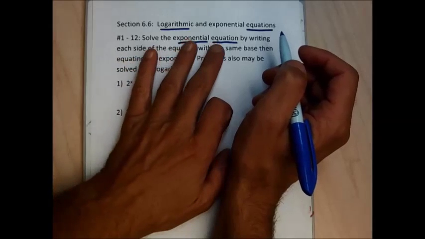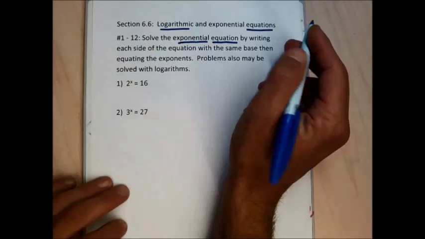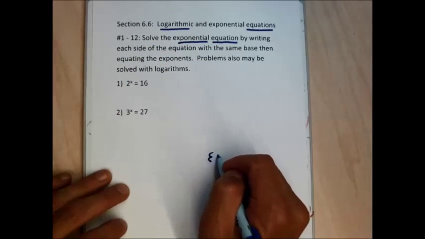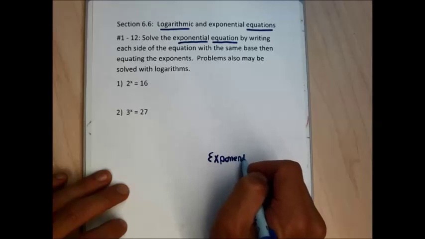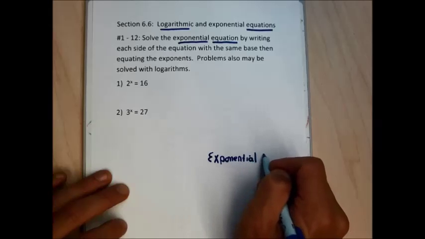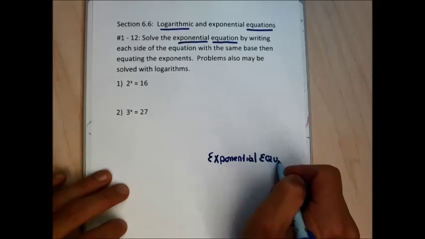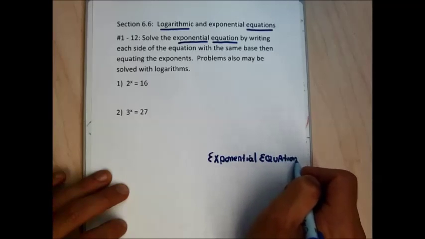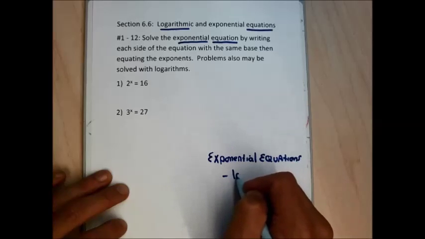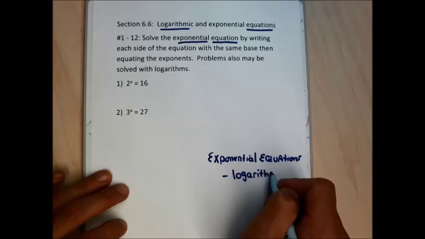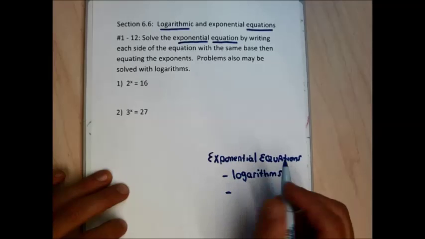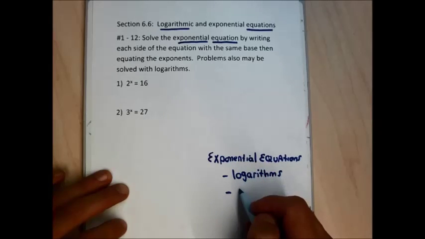Exponential equations have two main ways that can be solved. Exponential equations can be solved with logarithms, always. Can be solved using logarithms 100% of the time. And in special cases, they can be solved by rewriting each side to have the same base.